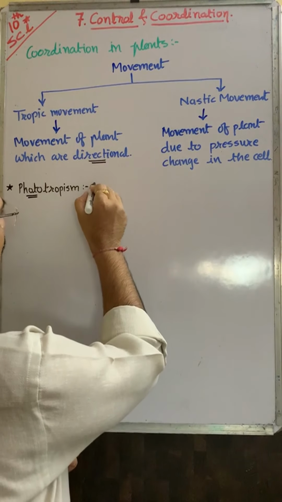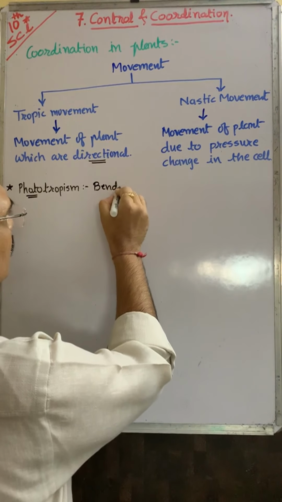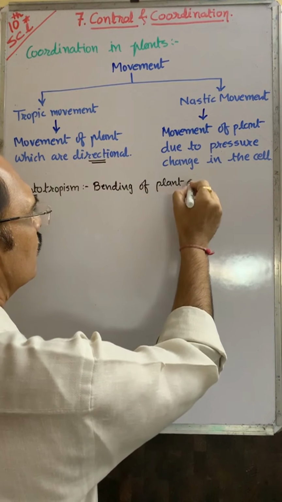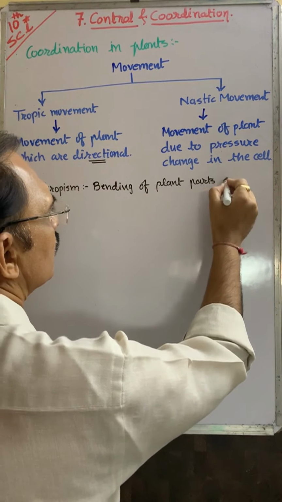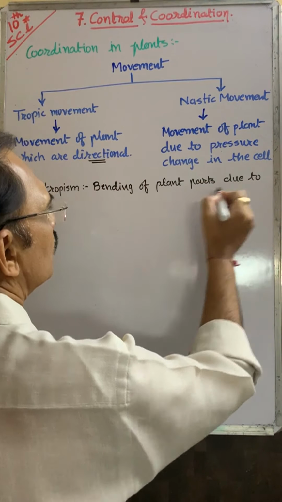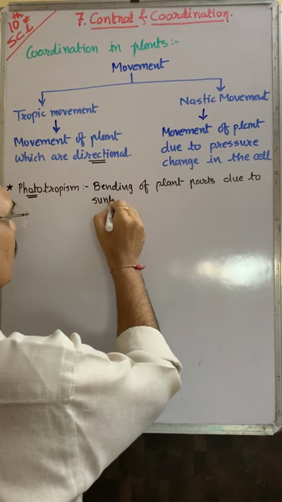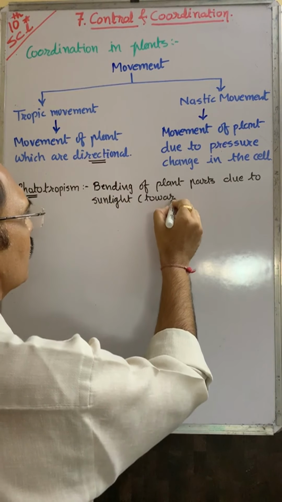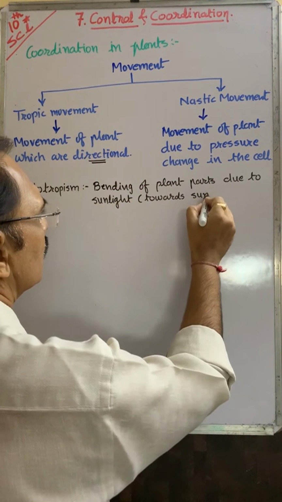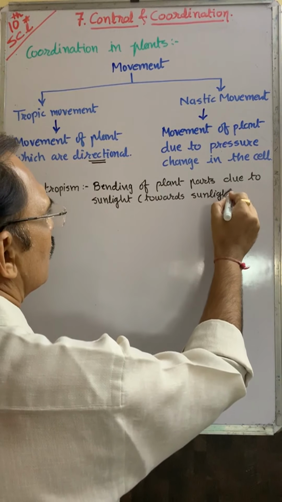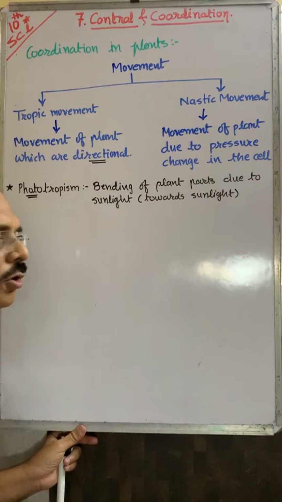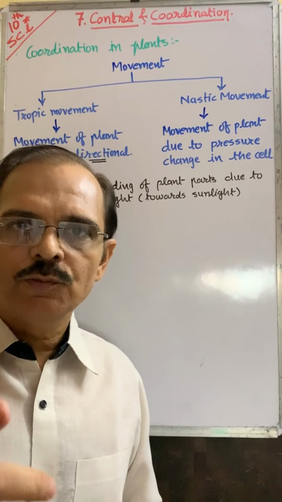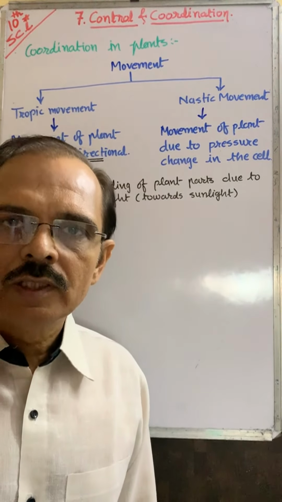Bending of plant parts due to sunlight or towards sunlight is called phototropism. As for example, in your textbook this activity is given.